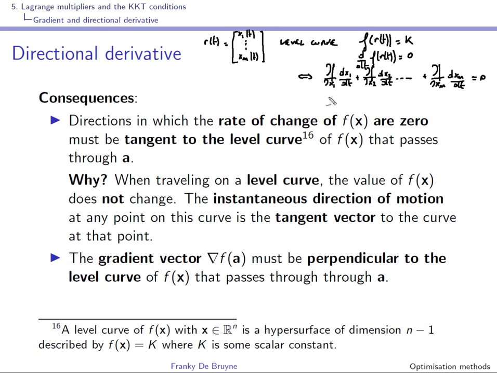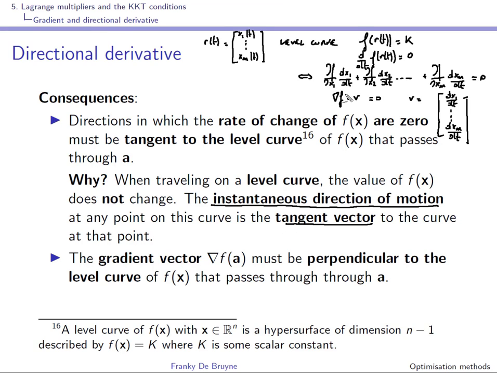But this is really the scalar product of the gradient of f with the instantaneous direction of motion v, and this is also 0 here, and v of course is dx1/dt up to dxn/dt, right? v is tangent to the level curve, right?